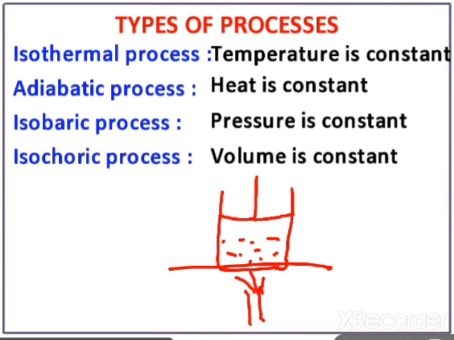What is a piston? Simply, it is a lid which doesn't allow the water to go from the system to the surroundings. Initially, the length from the piston to the bottom of the beaker is this. If we heat this water, it will convert into gas. Because of the expansion of the gas, the pressure will increase. If pressure is increasing, then the vapors will push the piston upward.